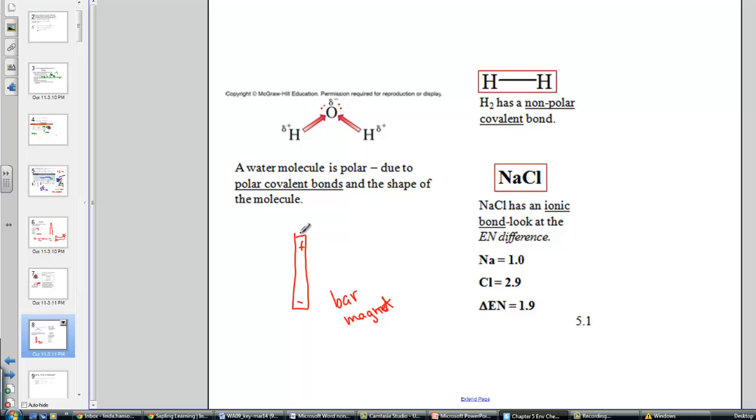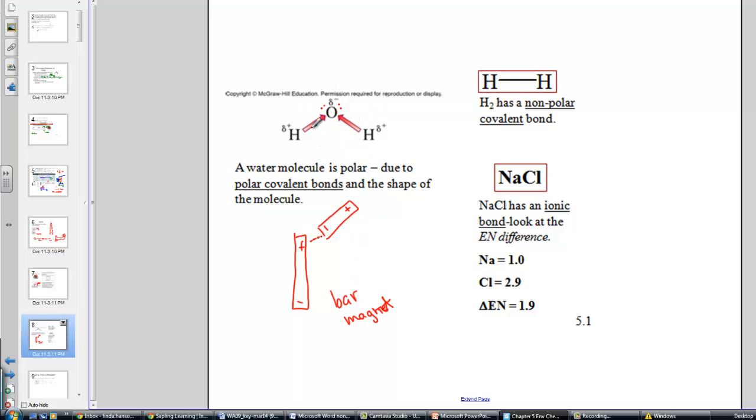If you've ever seen a bar magnet in your physics or physical science class, it has a positive end and a negative end, with attractions between opposite charges. If I held another bar magnet close to this one, it would be attracted to the negative end of the other magnet. And this is an attraction that we're going to talk about in molecules as well.